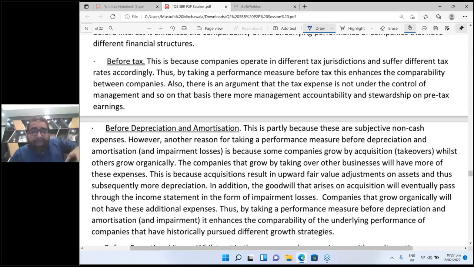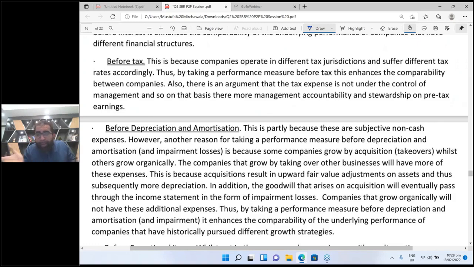The second type of business are those businesses which grow organically, not through takeovers, just grow on their own. Those businesses which grow organically, they don't recognize internally generated goodwill in their books. Just use your brain.